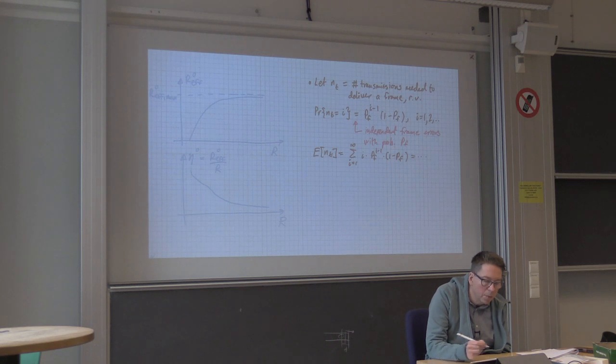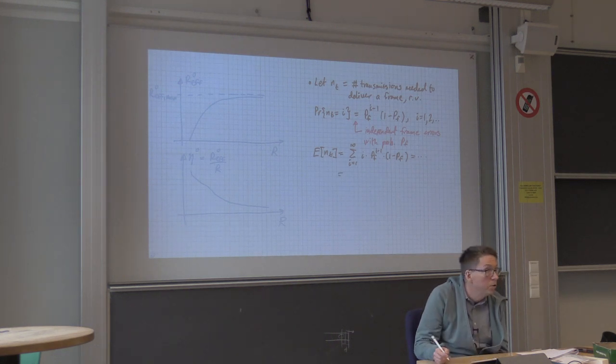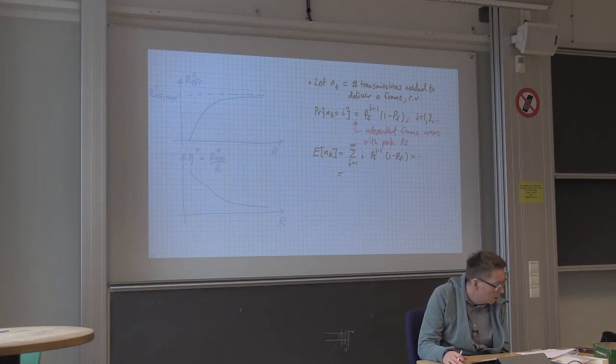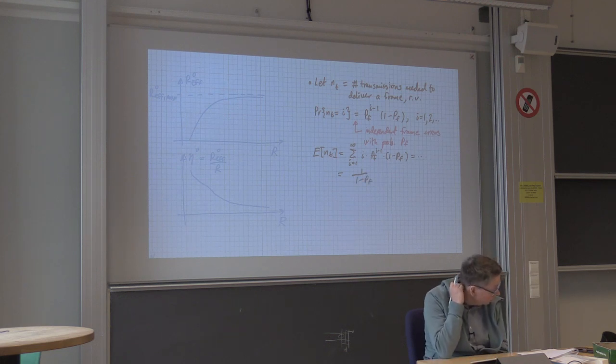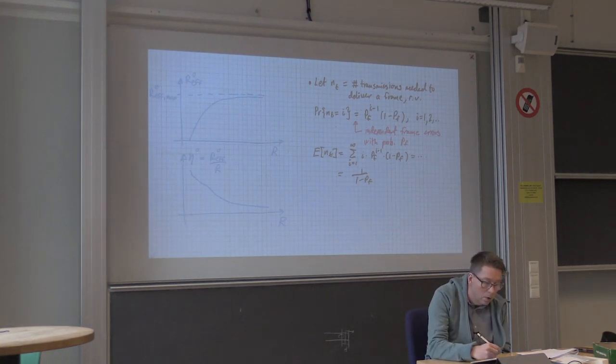This one looks complicated, but it's actually not. If we go through some standard steps, it's basically a geometric series. So we can calculate this, and at the end of the day we get 1 over 1 minus pf. For reasons which are not obvious now, we will be interested in the expected value of nt minus 1.